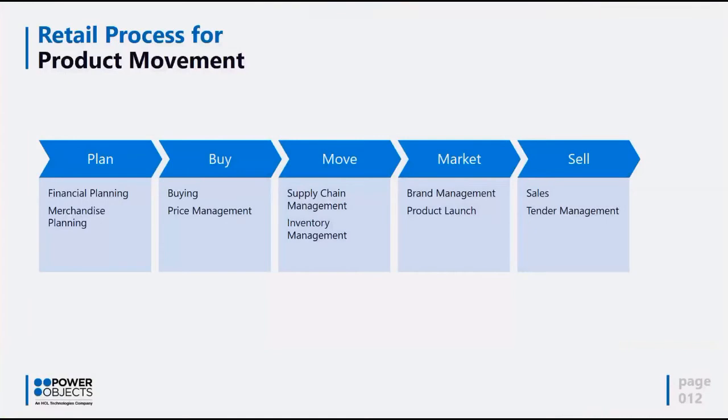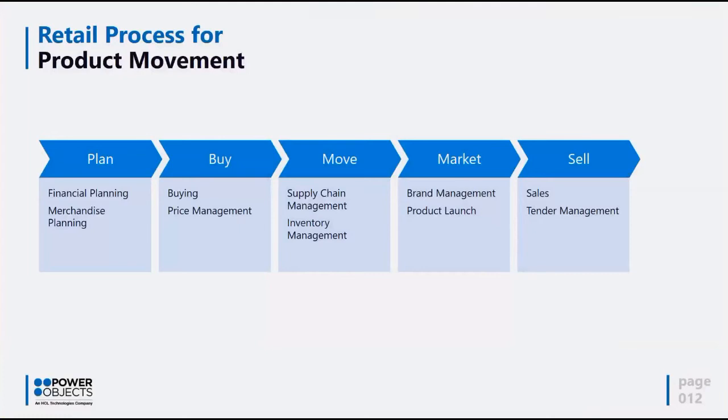And so the process for the product movement, obviously there's the planning of all the products and what products we are going to source. And that also has to do with the financial planning of the product, the merchandise planning that we had talked about.